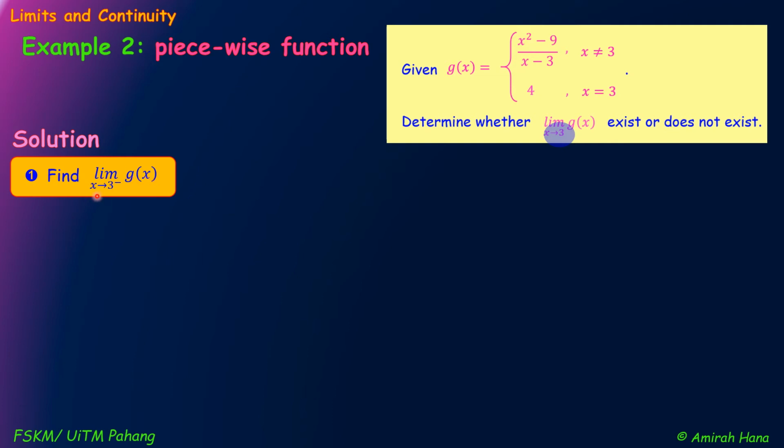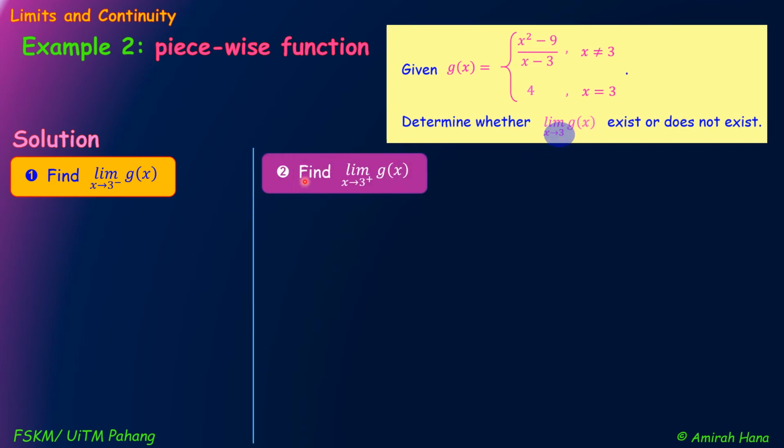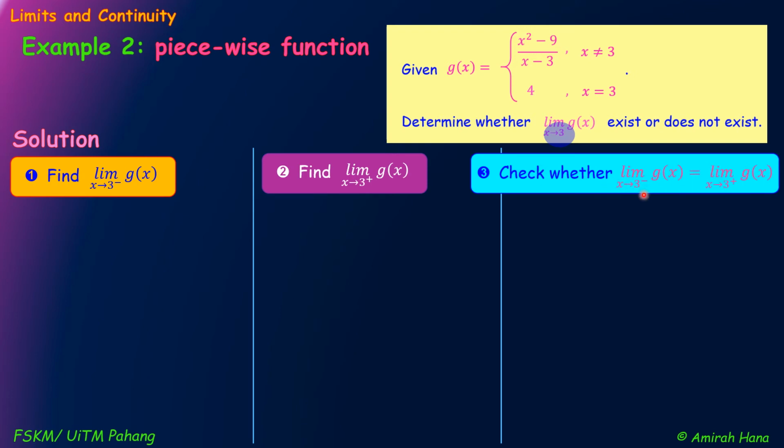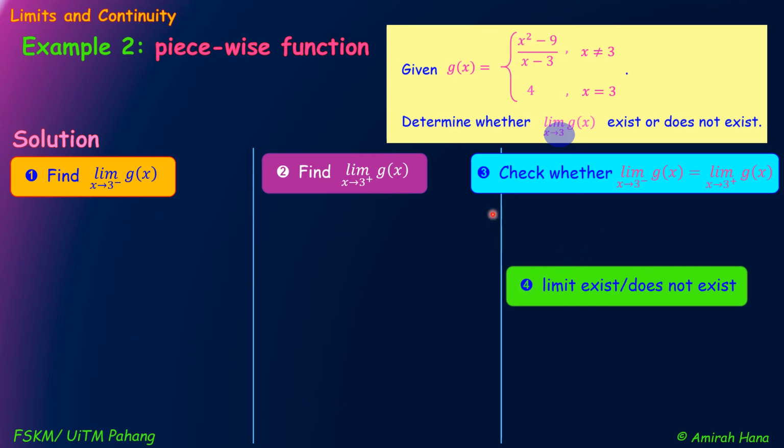And we use the limit from the left because we want to find the limit as x approaches 3 of g(x). Step 2: find the limit as x approaches 3 from the right of g(x). Step 3: check whether the left limit equals the right limit. And the final step, we conclude whether the limit exists or does not exist.